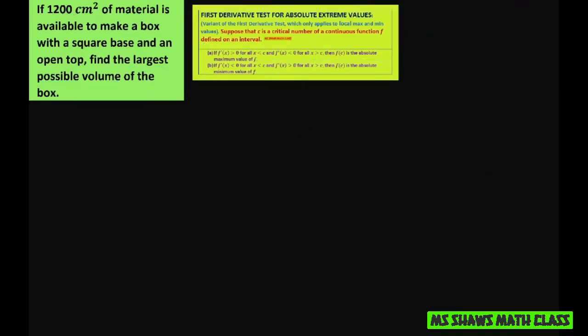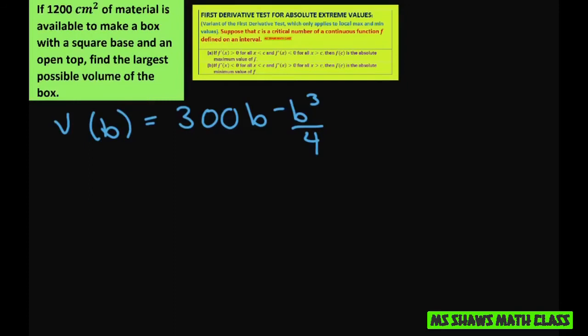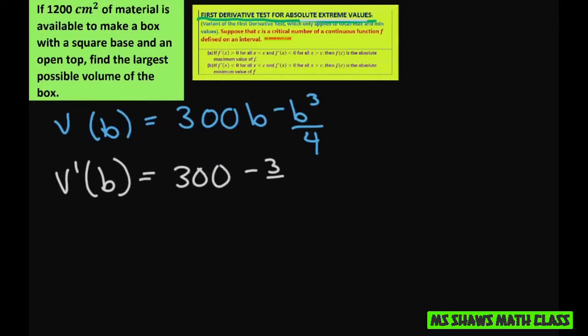So we have our volume of B equals 300B minus B cubed divided by 4. Now, we're going to use the first derivative test for absolute extreme values. So let's take the derivative of V of B, and we get 300 minus 3/4 B squared.